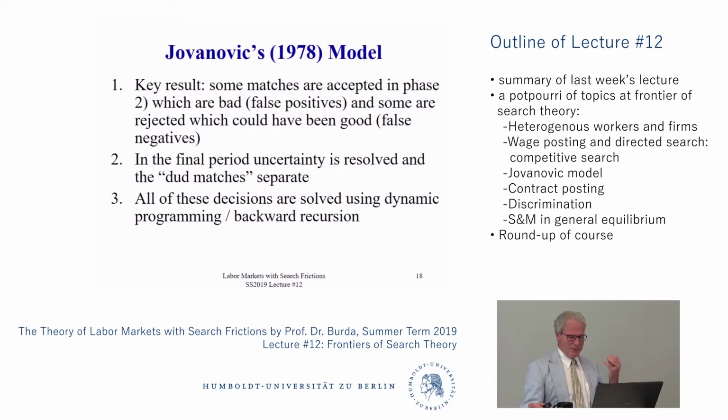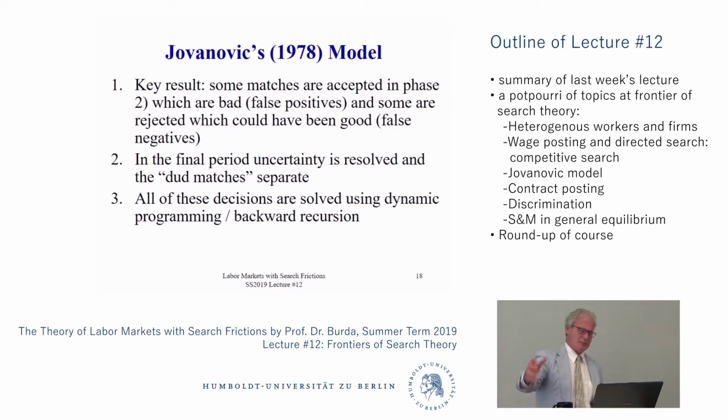And the problem is when you do this, you have to really think forward. You have to look to the last stage and say, okay, what is my behavior going to be? What is my reservation productivity level going to be given I know the truth? Remember, X is also a random variable, just like in other models we've dealt with, like in the Mortensen-Pissarides model.